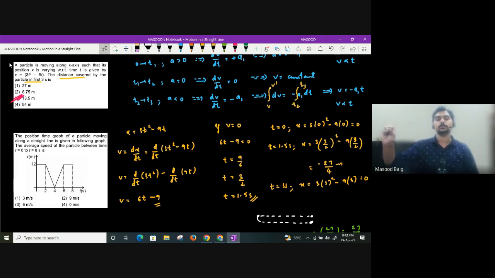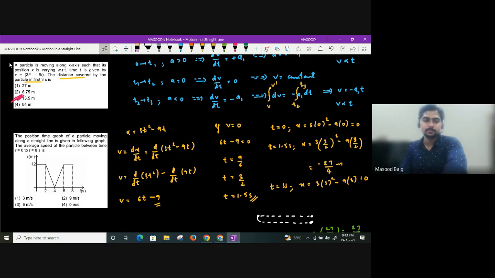Initial position you will find, the intermediate position you will find, and again final position you will find. You add up all the total route, you will get the distance. Clear? It's a very important question, guys.